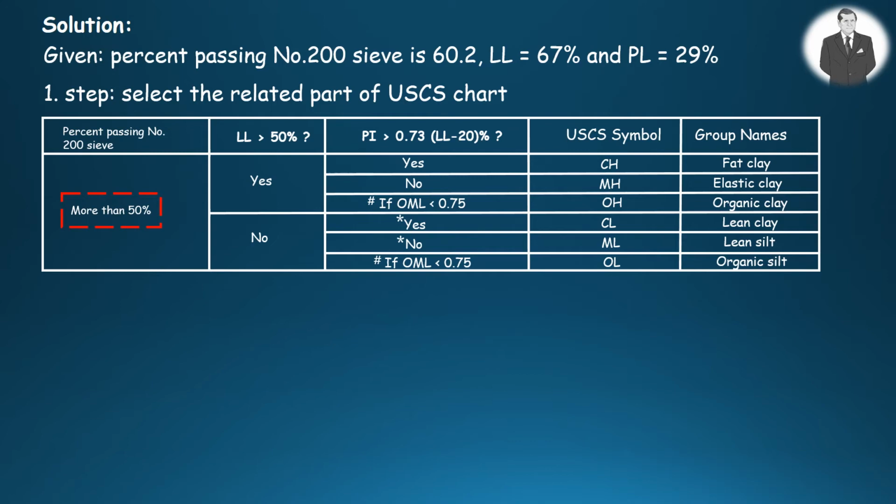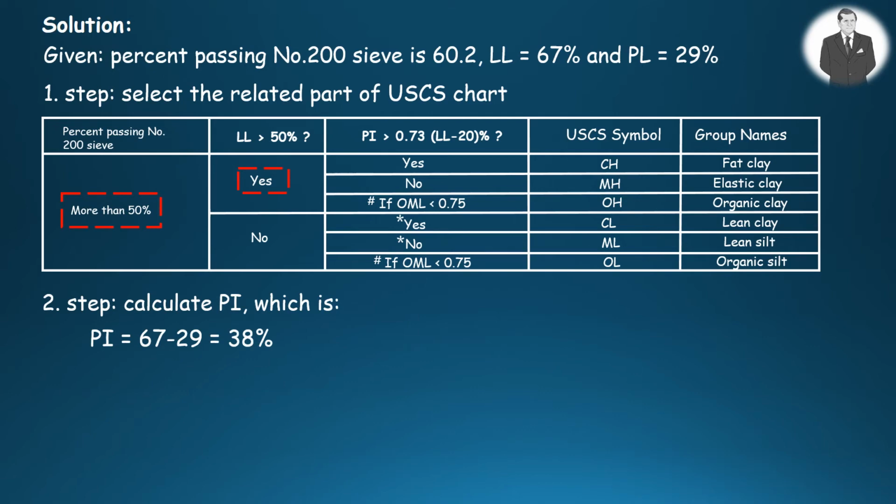Liquid limit is 67, so it is more than 50. From here, we move to the third column, where we need to check whether the plasticity index is above the A line or not. To find out this, we need to calculate the PI value, which is the difference between liquid limit and plastic limit. Now, we have liquid limit and plasticity index.